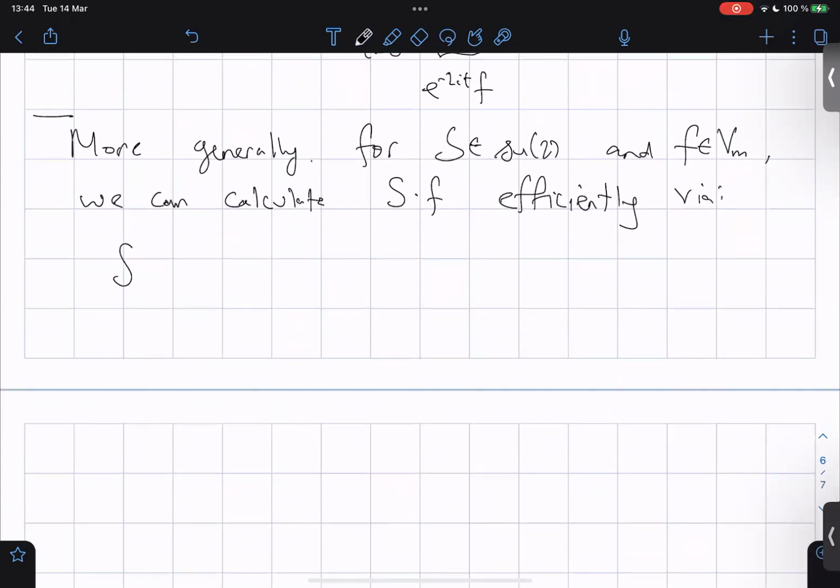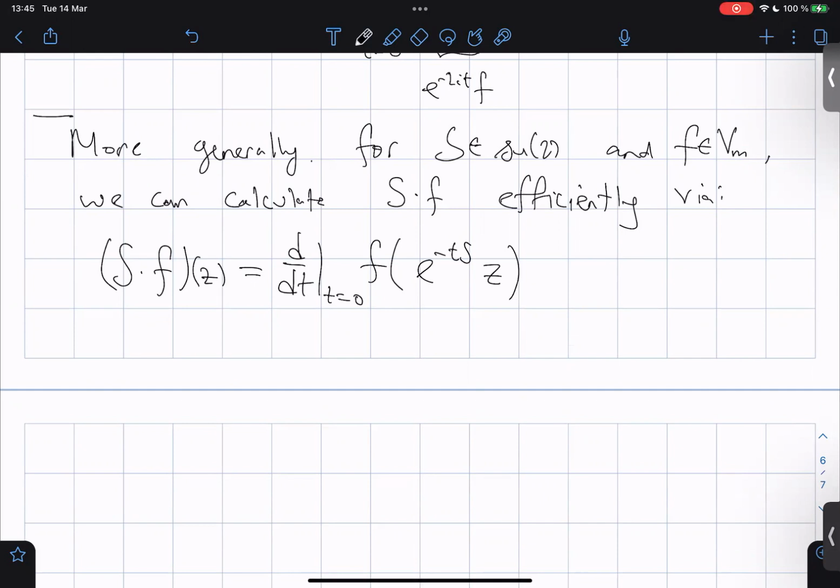For S on F, the definition says I should exponentiate, take the inverse, apply it to Z, feed that into F, then differentiate. When we do this differentiation, we just use the chain rule.